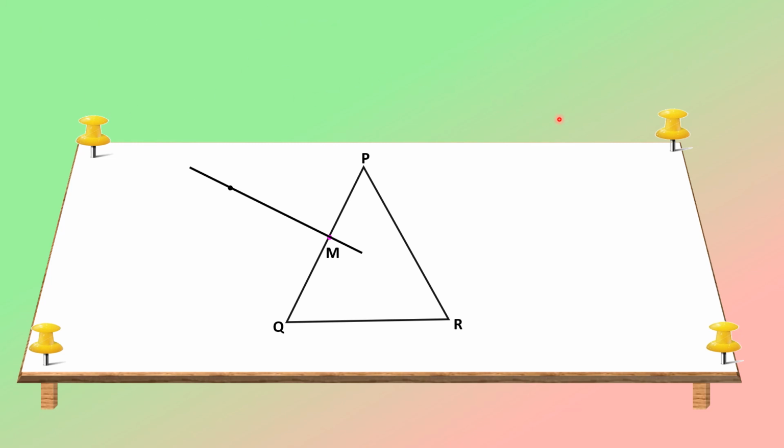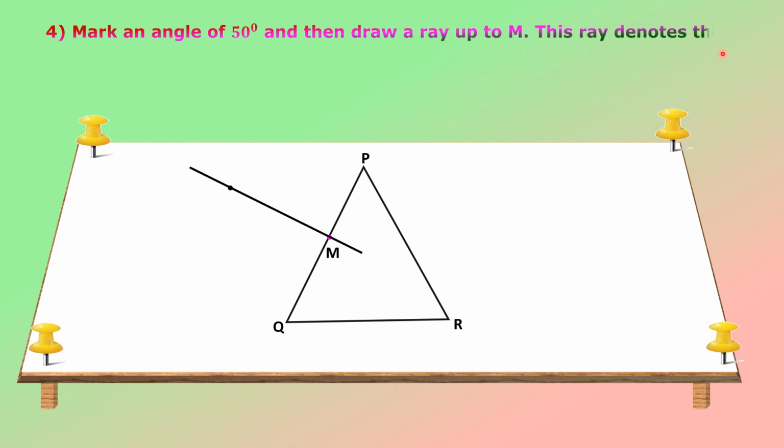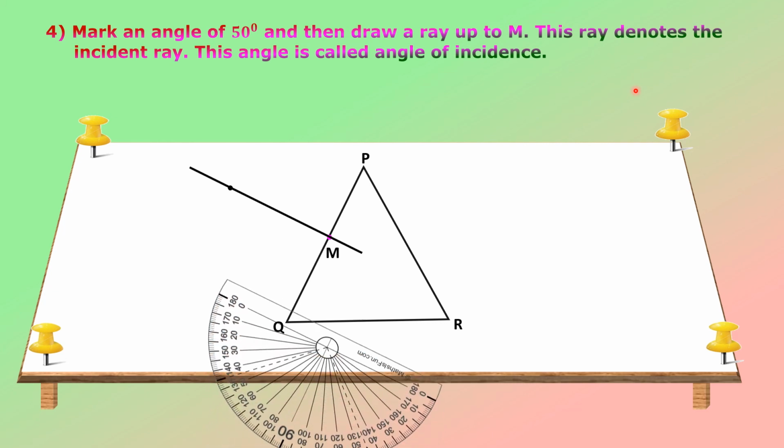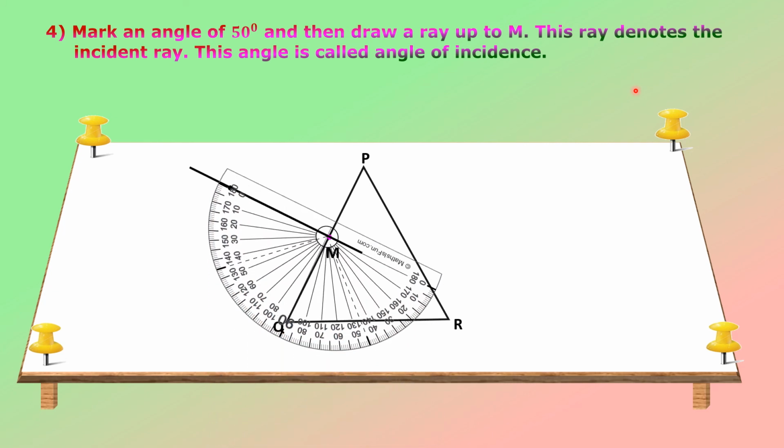This time I will mark an angle of 50 degrees. See here. Mark an angle of 50 degrees and then draw a ray up to M. This ray denotes the incident ray and the angle is called the angle of incidence. Let us mark an angle of 50 degrees with the normal here. This is the normal.